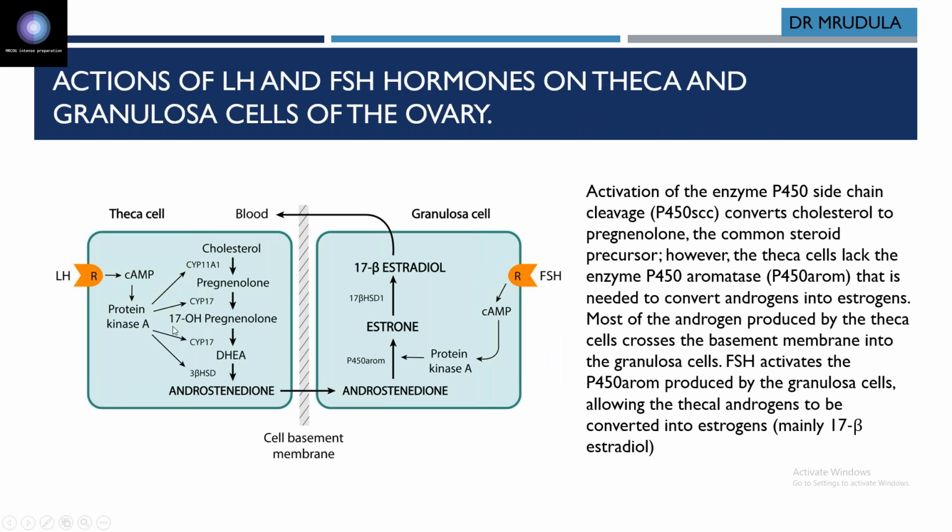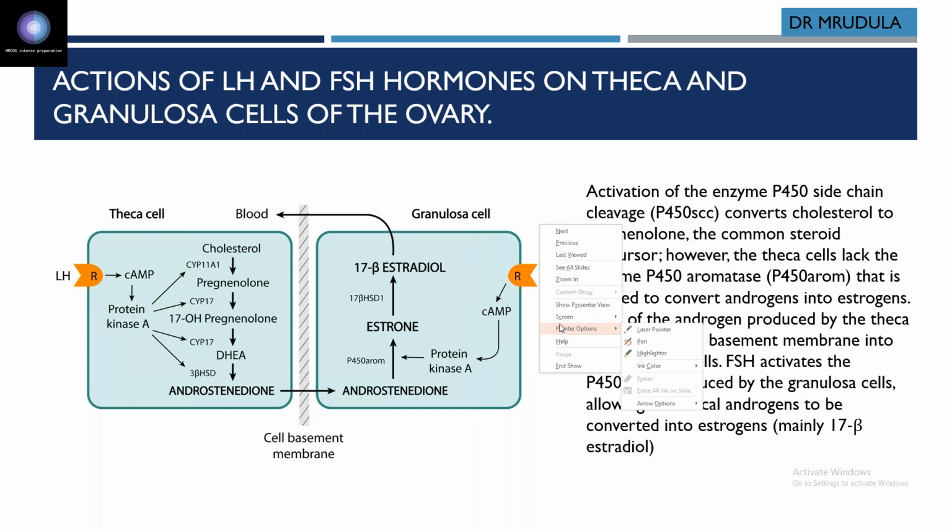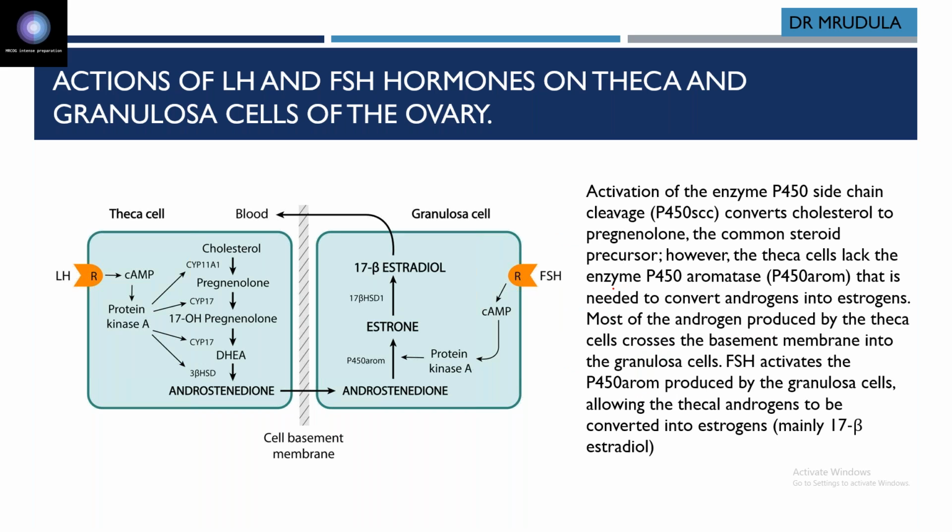As we all know, there is the two cell, two gonadotropin theory. The theca cells, with LH, produce androgens. These androgens are not converted into estrogen in the theca cell because the theca cells lack the cytochrome P450 aromatase enzyme, which is present in the granulosa cells.